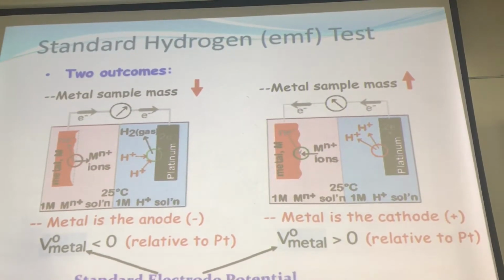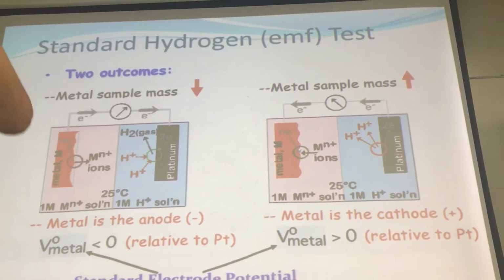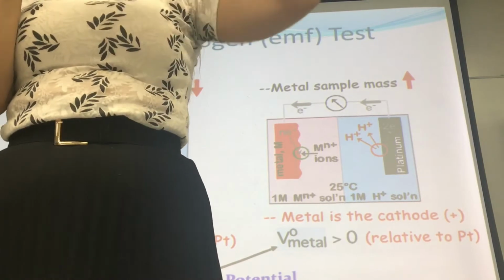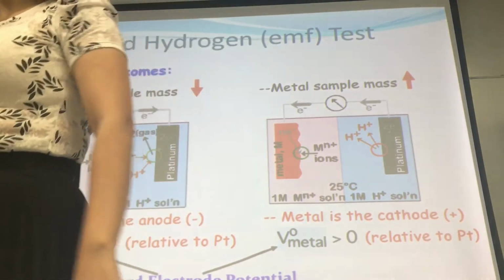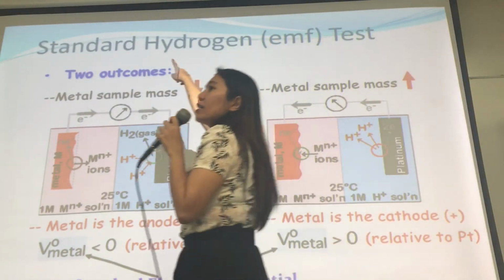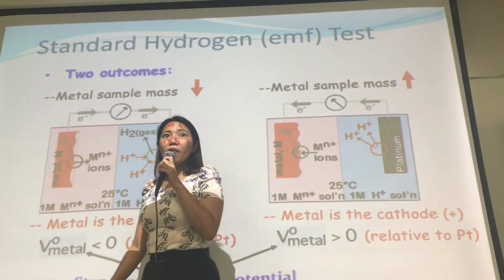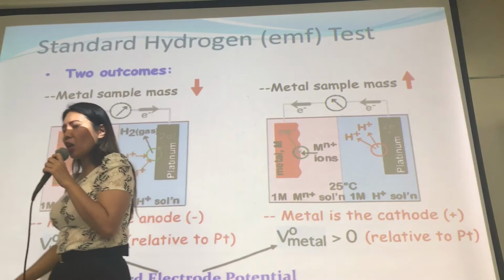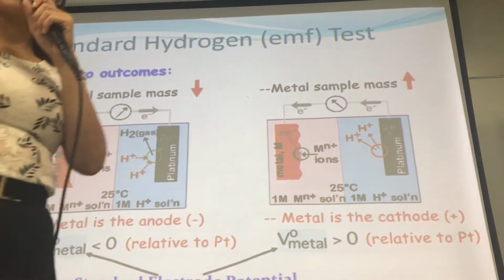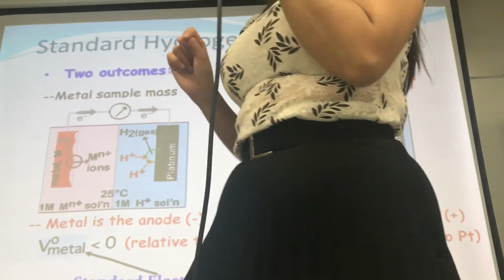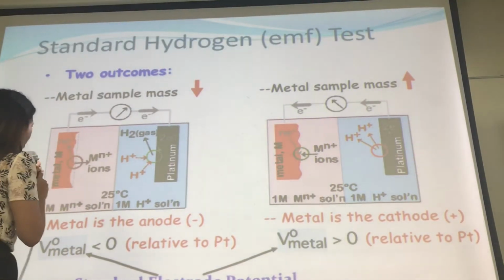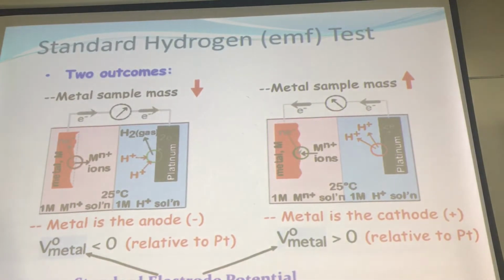By the way, in this case, we want to know how good or how bad it is to accept or give out electrons. So everything must be in the standard condition, right? What does standard condition mean? First, temperature must be standard at 25 degrees Celsius. Next is the electrolyte.